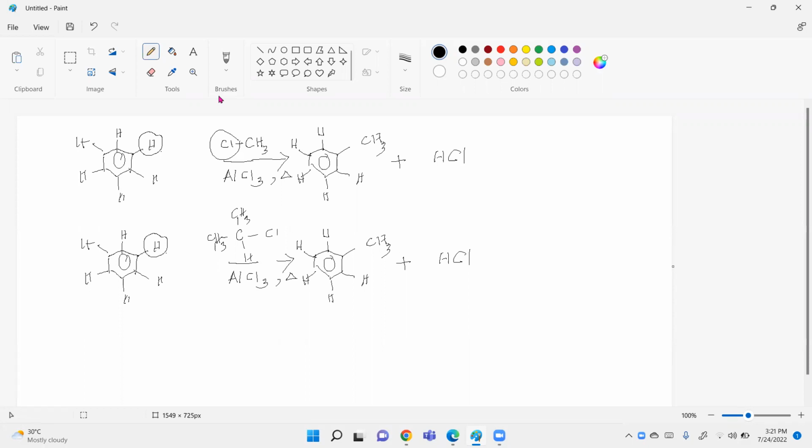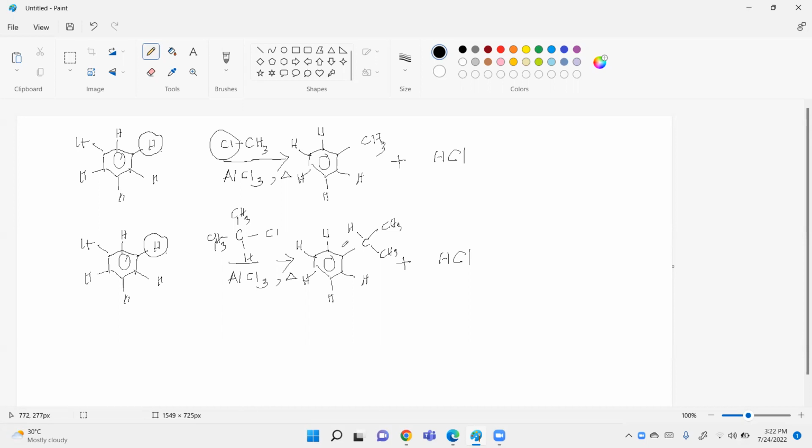This CH3 is not the substance which has been attached to it now. The group which is attached to this contains one hydrogen. The carbon has one hydrogen, one CH3, another CH3.